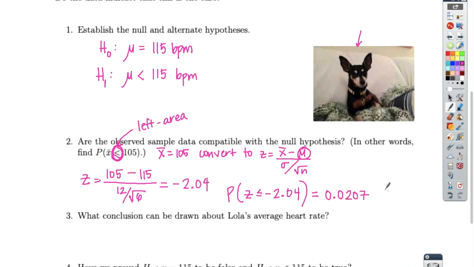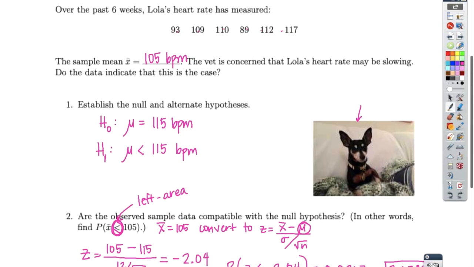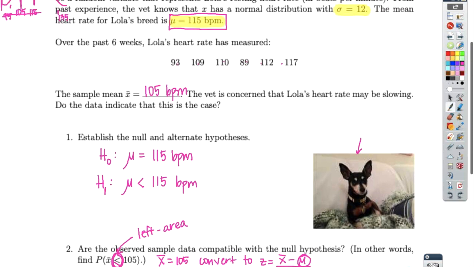So what that tells me is that there is a 2.07% probability that we would see a heart rate of 105 or anything less than that. So let's just summarize what we know so far.